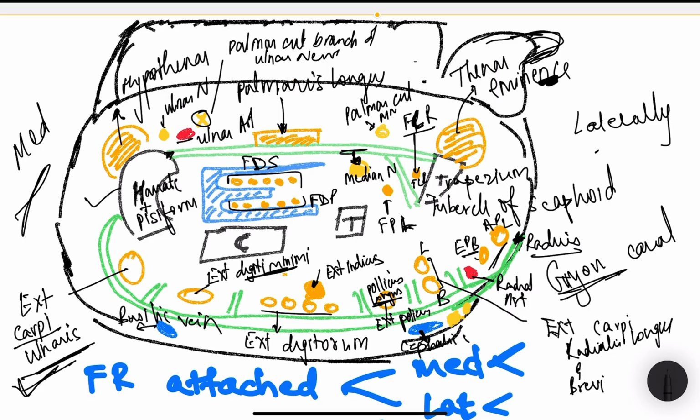Along with the cephalic vein, we've got these two nerves, and these two nerves are nothing but the superficial palmar branches of the radial nerve.